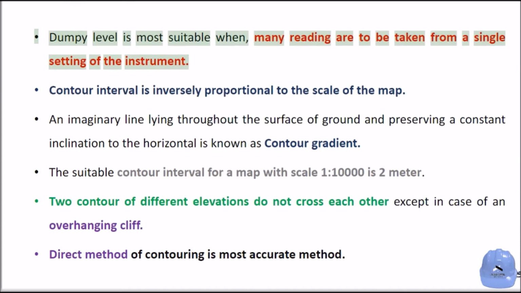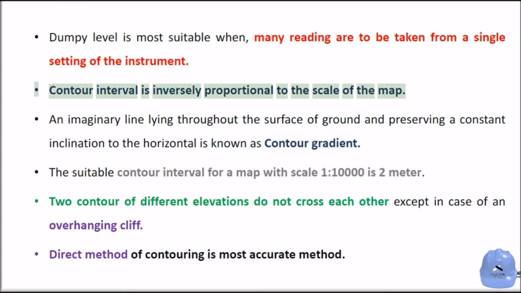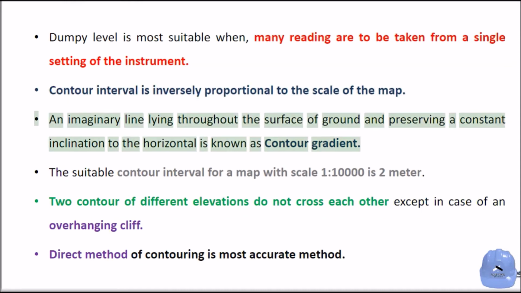Dumpy level is most suitable when many readings are to be taken from a single setting of the instrument. Contour interval is inversely proportional to the scale of the map. An imaginary line lying throughout the surface of ground and preserving a constant inclination to the horizontal is known as a contour gradient.